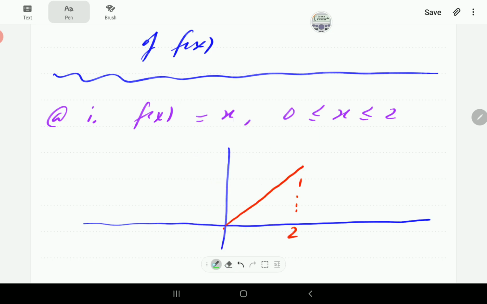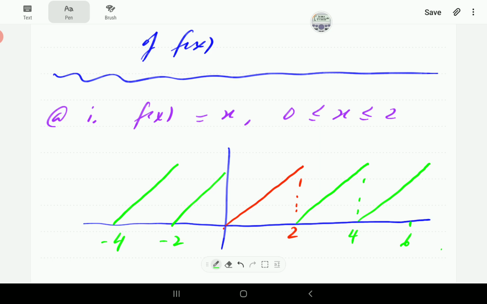If you cut this and paste it in the next interval, it should give you the same thing. So it's going to look something like this: 4, then 6, and the same on this side, negative 2, negative 4, etc. That's what the periodic extension of this function looks like.